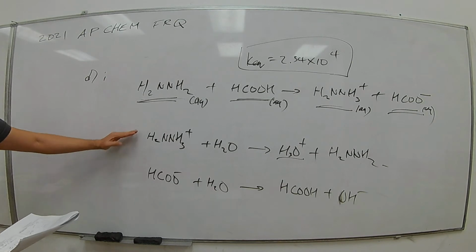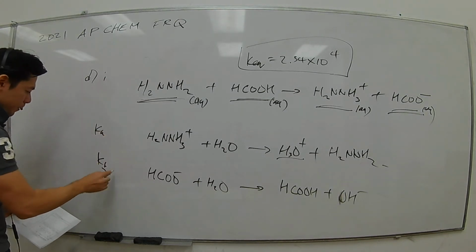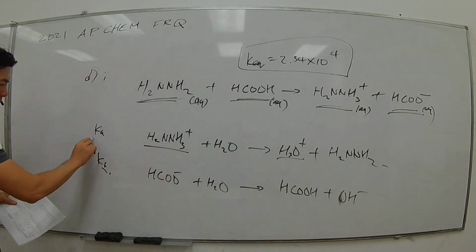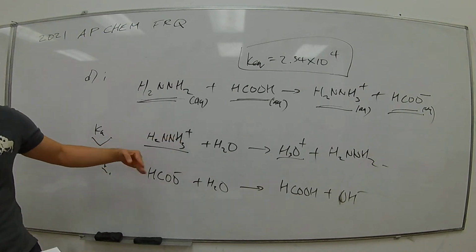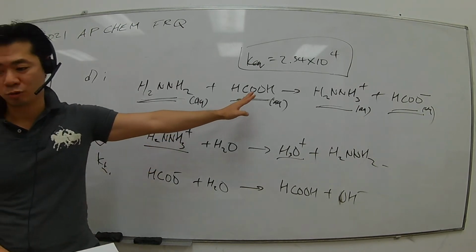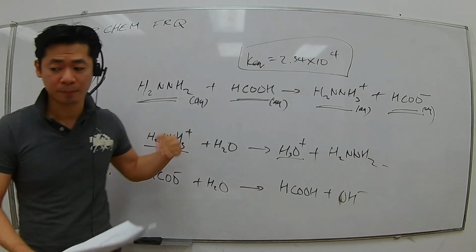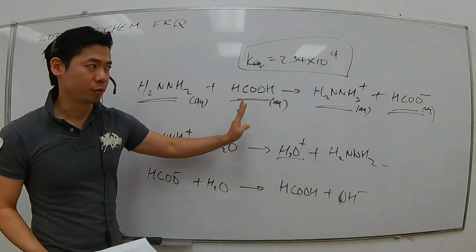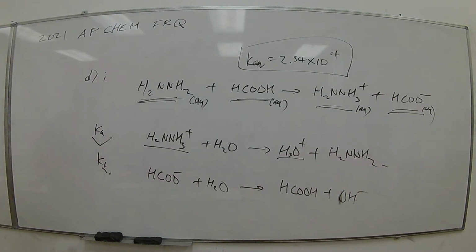If you look at the K value for this, you've got to get the Ka for this, and you've got to get the Kb value for this. According to this, it seems this one has a greater Ka value compared to the Kb value for the base. This is a stronger acid compared to this base. This is a weaker base, right? As we know, if the acid is stronger, the conjugates are weaker. That's the logic you have to apply, and they give the K value.